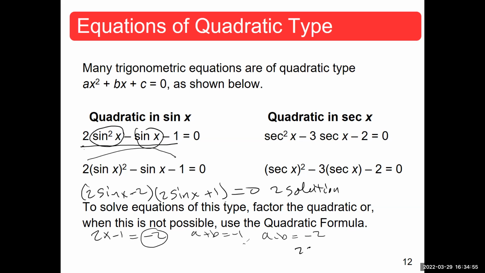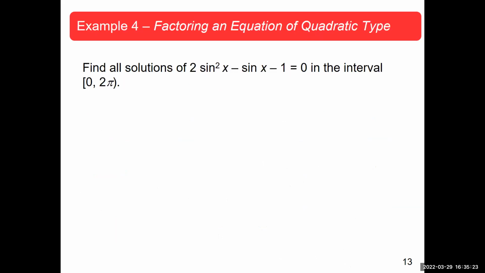One solution, 2 sine of x minus 2 equals 0. Then you continue isolating the sine of x. And the other, 2 sine of x plus 1 equals 0. Then you're going to get two solutions from each one. A lot of solutions. Let's see if they solve this problem.